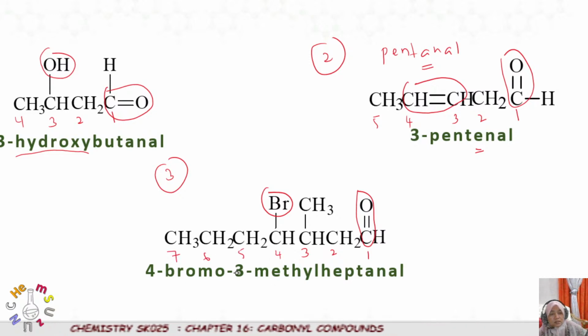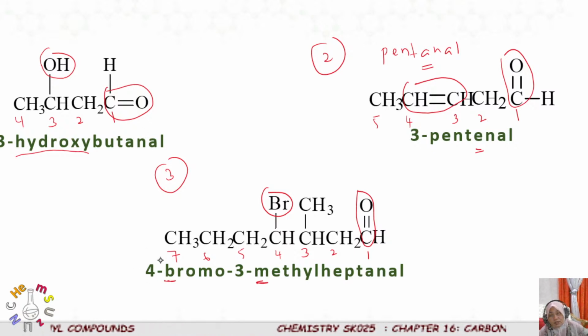So we name it 4-bromo-3-methylheptanal. Bear in mind, we always arrange the substituents in alphabetical order, A, B, C, D, E until Z. We consider the alphabetical order rather than the numbering.